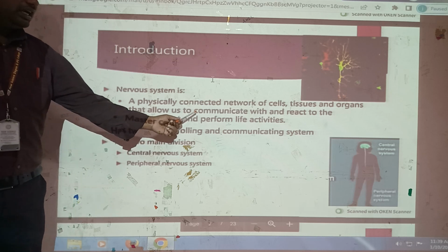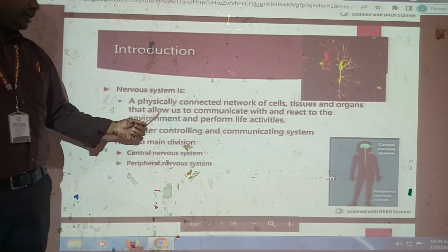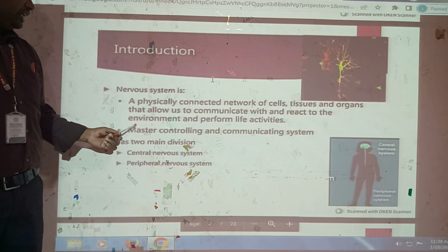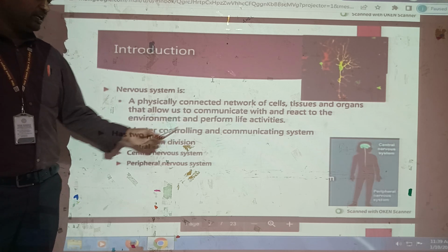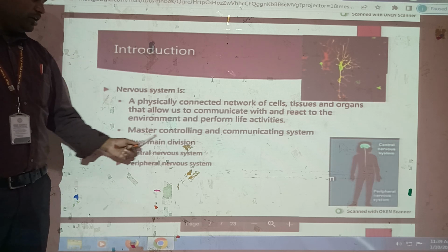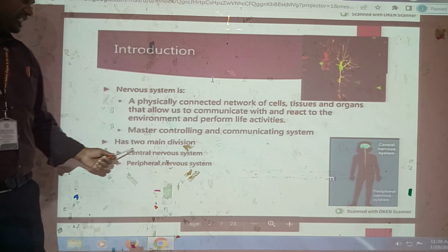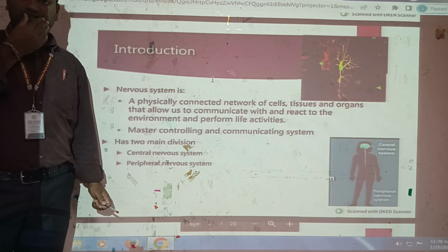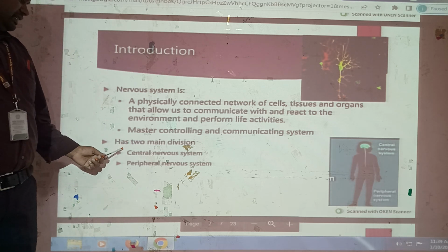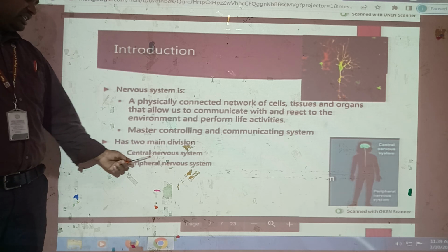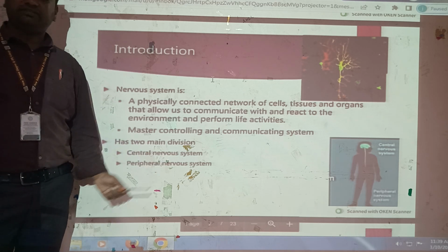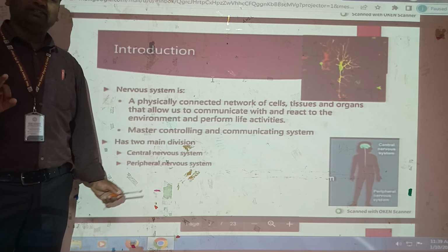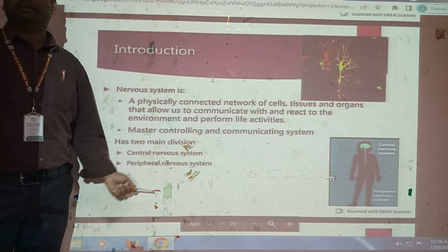These allow us to communicate with and react to the environment and perform life activities. It is the master controlling and communicating system that controls our whole body. It has two main divisions: the central nervous system, the brain and spinal cord, and the peripheral nervous system, the cranial nerves and spinal nerves.